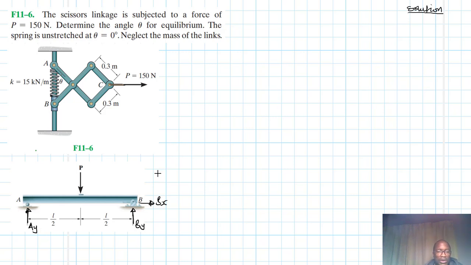Once we've done so, then we need to pick our reference point, and that point is going to be fixed, as in it will not translate in any direction. It will not translate in the y, it will not translate in the x. So this is our reference point, and at this particular reference point we are going to apply a rotational virtual displacement.